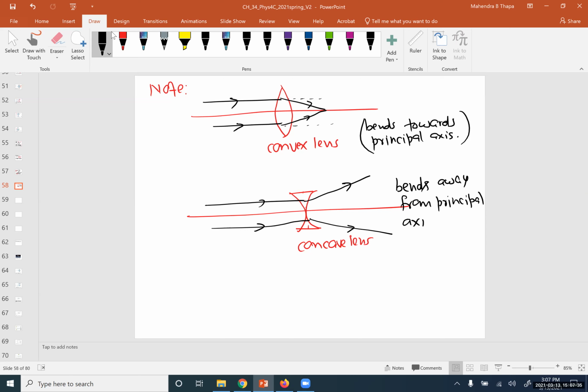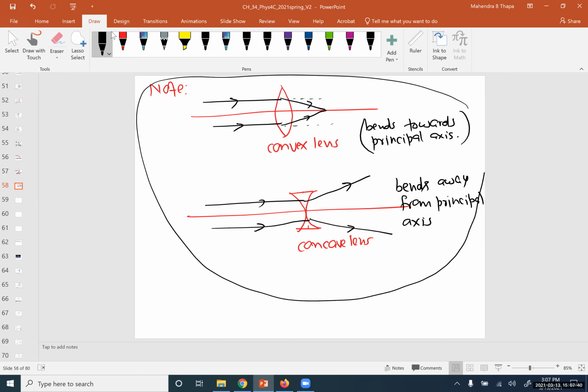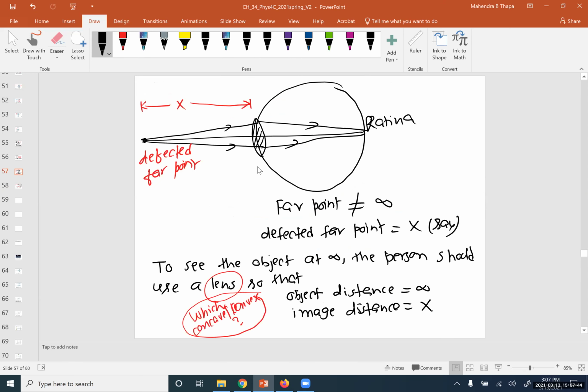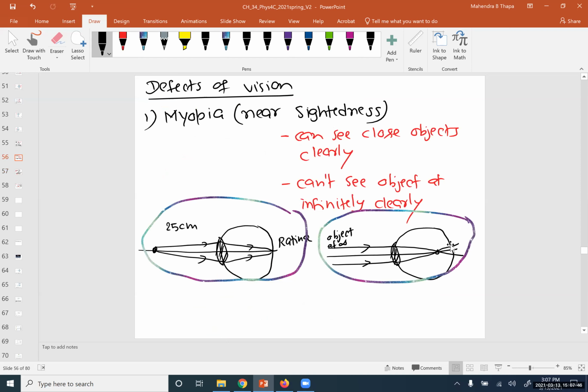So based on these two concepts, we can say which lens. Certainly, if we use the convex lens here, this point will be shifted further towards the eye lens.